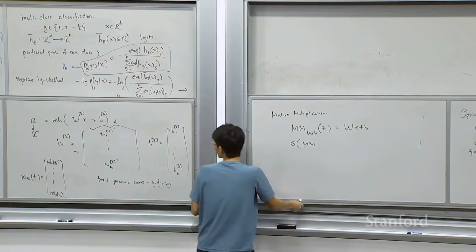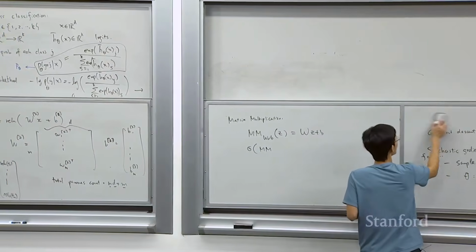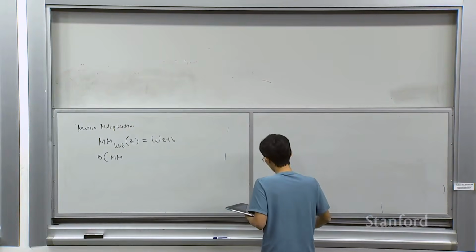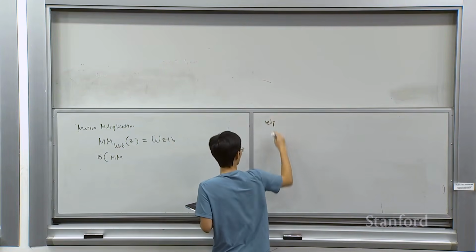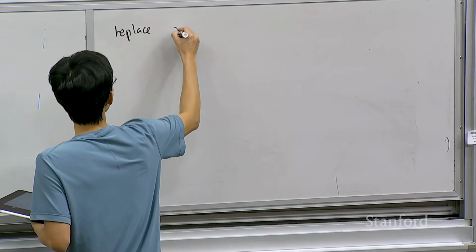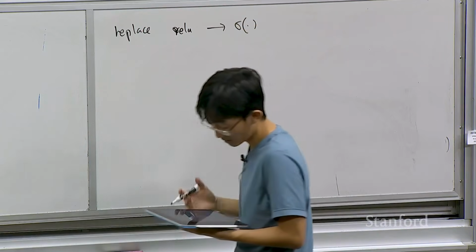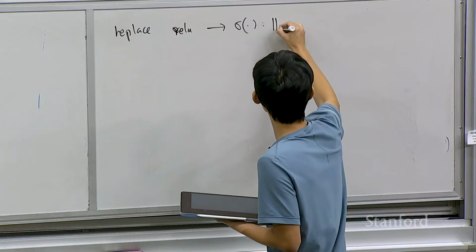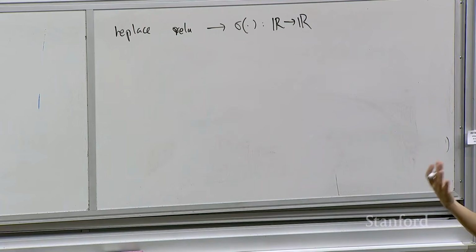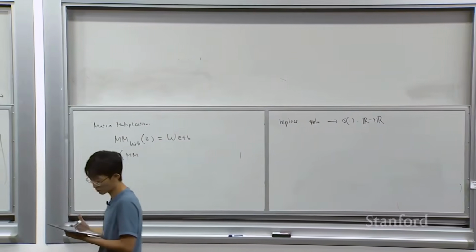This red loop here can also be replaced with other nonlinear activations, and all the activations are functions that map R to R. So it's always a scalar function, but you can apply it to vectors by applying it entry-wise.